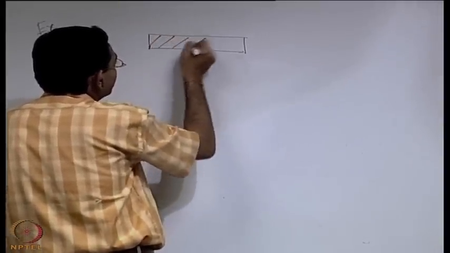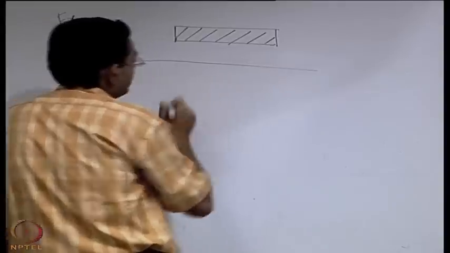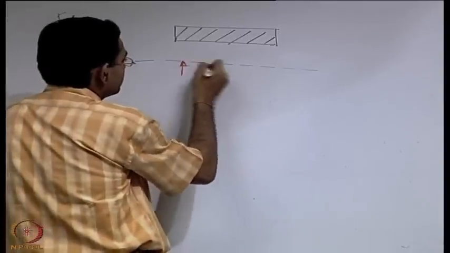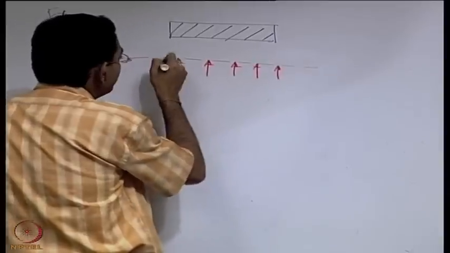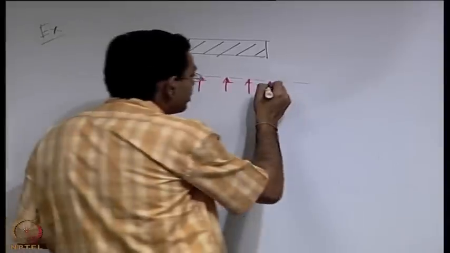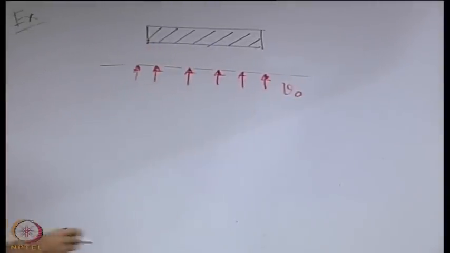So there is a rectangular plate, and there is a bottom plate. There are holes in the bottom plate through which fluid, say air, is blown like this. If you recall, we worked out such a problem, and we will continue with that problem and try to work out a different problem from this.